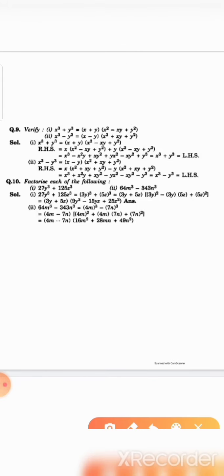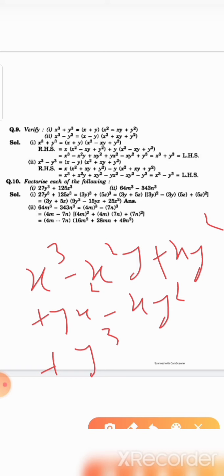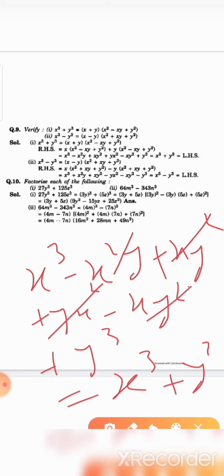the expansion of our bracket: x cube minus x square y plus xy square plus yx square minus xy square plus y cube. And now simplifying this step, here minus x square y is cancelled by plus yx square, and again plus xy square is cancelled by minus xy square, and lastly we get the step x cube plus y cube.